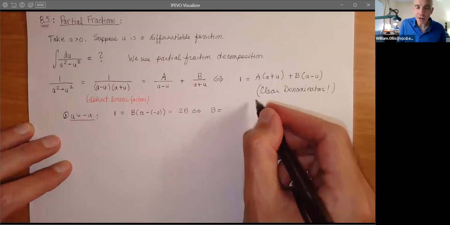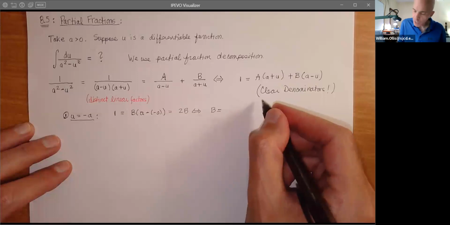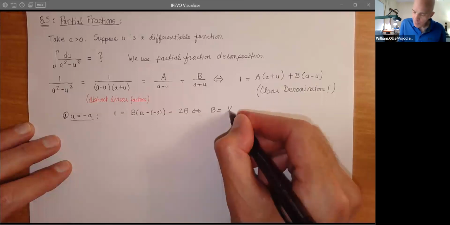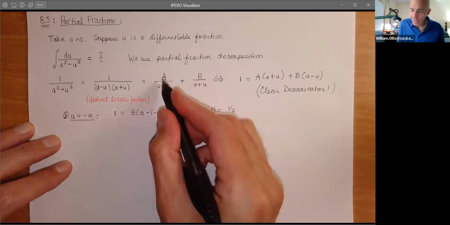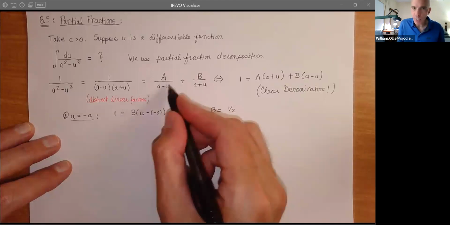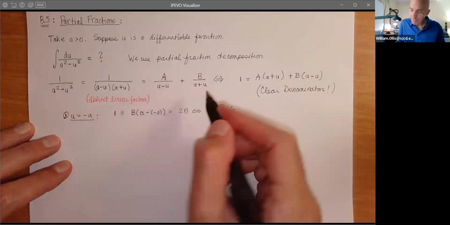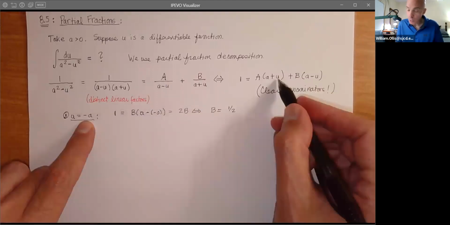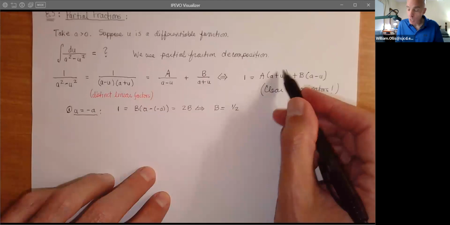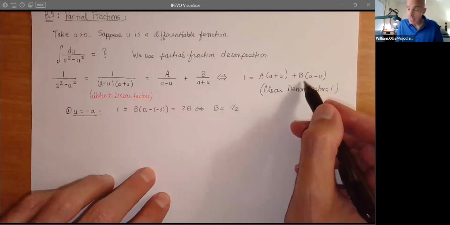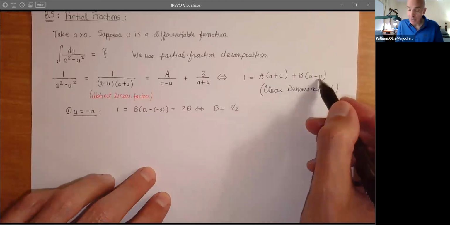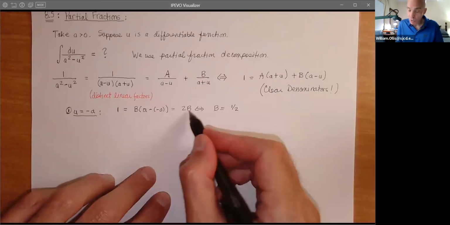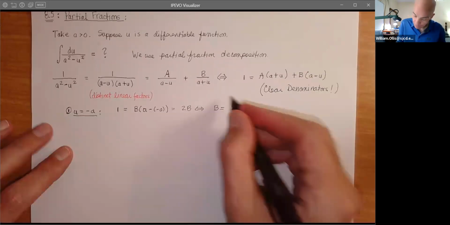What's interesting about all of this is that it doesn't matter how you set this up. It doesn't matter which A goes here or B goes there, just so long as they're distinct. If we use the minus a for u, this term goes away, and we only have an equation with B. So a minus the negative a gives us 2aB equals 1, so B is 1/2a.